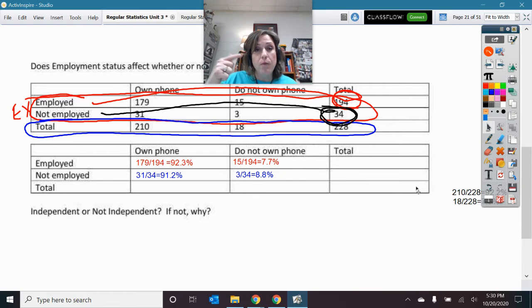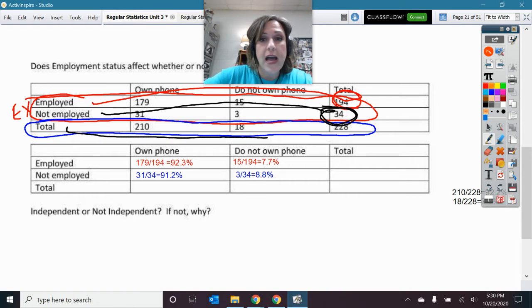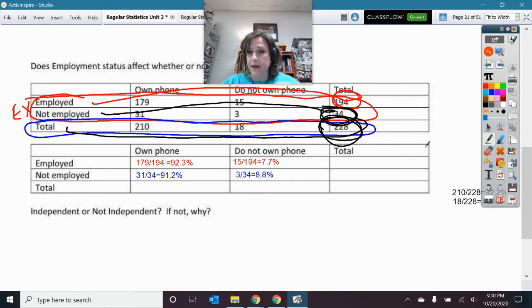Okay, and then marginally, overall, what's happening? Well, that's saying this. Overall, out of the 228 in the sample, here's what's happening. Overall 210 out of 228 own a phone. Overall, 18 out of 228 do not.